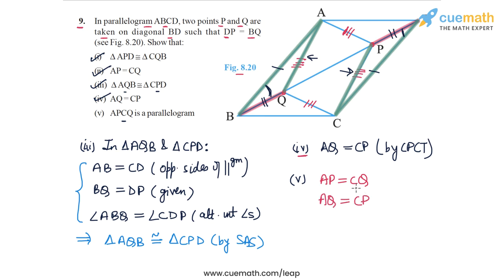So APCQ is a quadrilateral in which both pairs of opposite sides are equal, and this means that we can conclude that APCQ is a parallelogram because both pairs of opposite sides are equal, and that proves part 5 as well. So this completes question number 9.